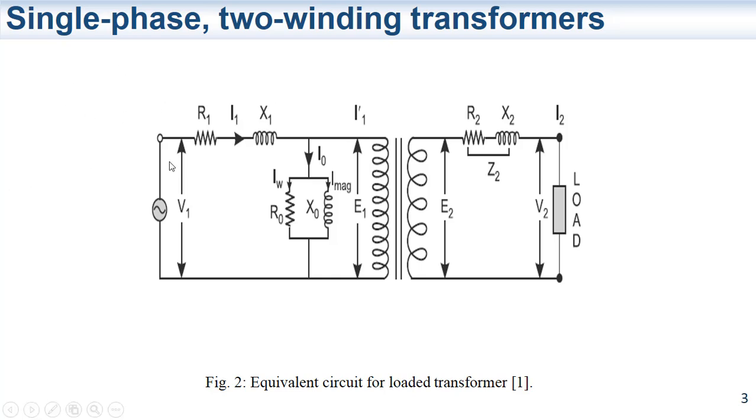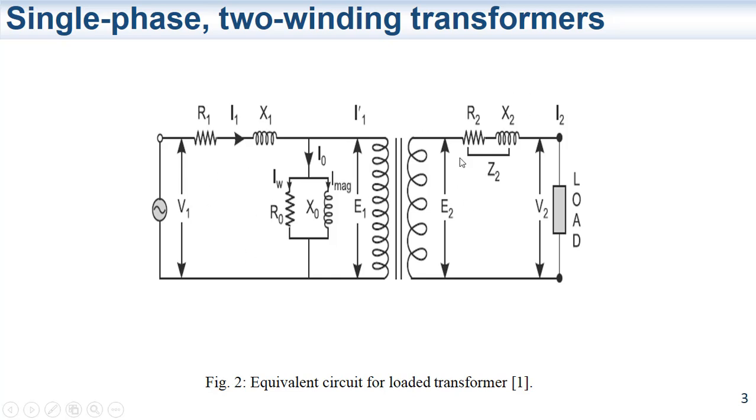Now the flux that links both windings of the transformer is called mutual flux, while the flux which links only one winding of the transformer is called leakage flux. The primary leakage flux is proportional to the self-inductance of the primary winding, which produces a leakage reactance, X1. Similarly, the secondary leakage flux produces the secondary reactance X2.